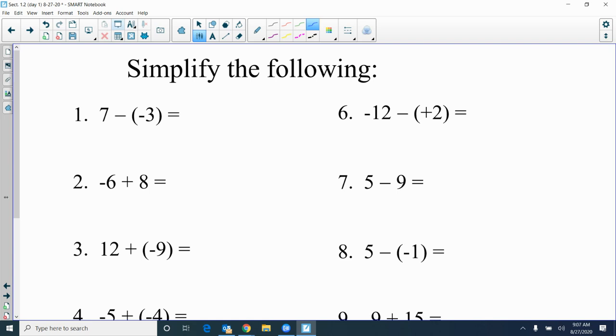You gotta crawl before you walk. No, we only want to keep, change, flip when we start with subtraction. Simple mistakes, that's all.